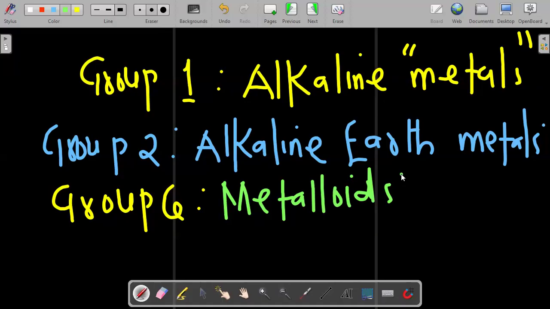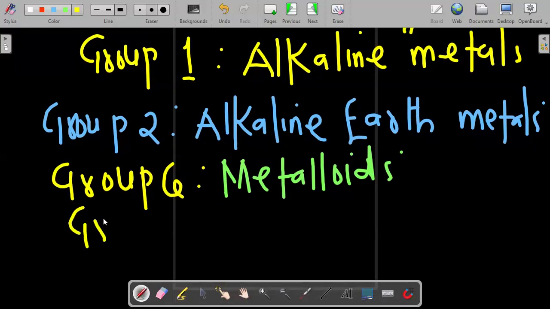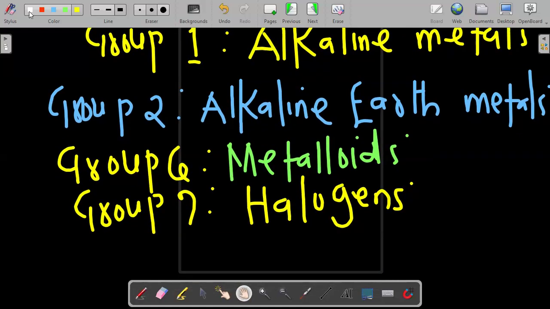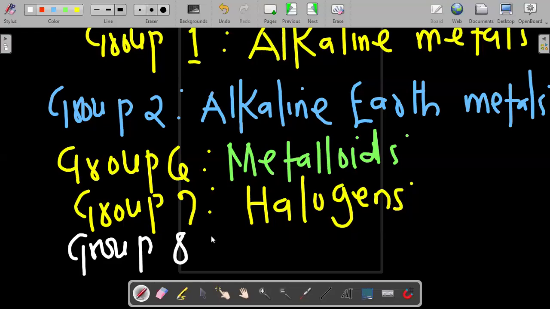Then group 7 are called halogens. Group 7 are called halogens. Then group 8 are called noble gas.